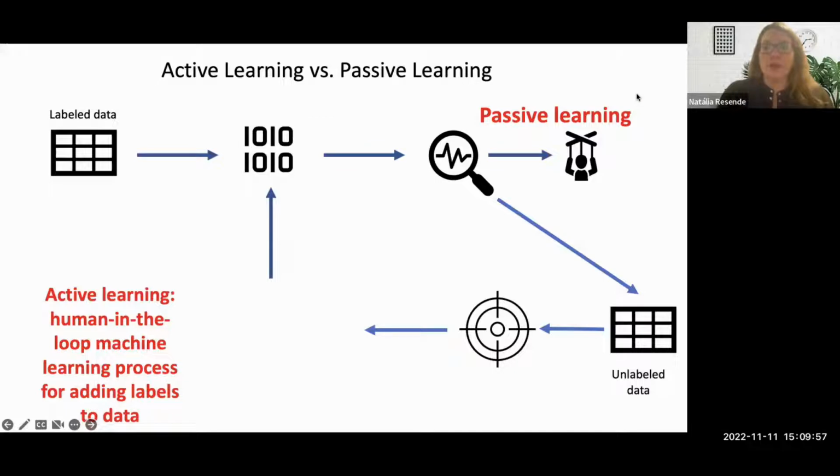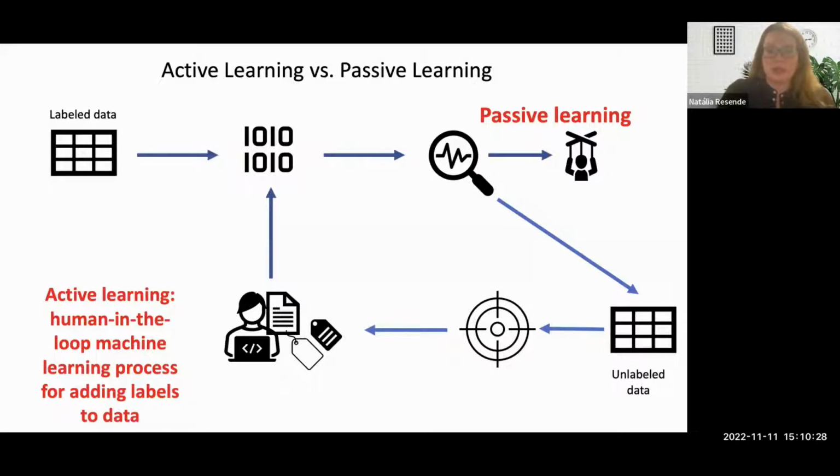We are going to talk about the strategies used to select the most informative instances from this pool of unlabeled data, and this strategy is going to be used for human annotation. A user or an expert will have these most informative instances and add labels to them, and then these instances will be sent back to the algorithm, and the model will be retrained.